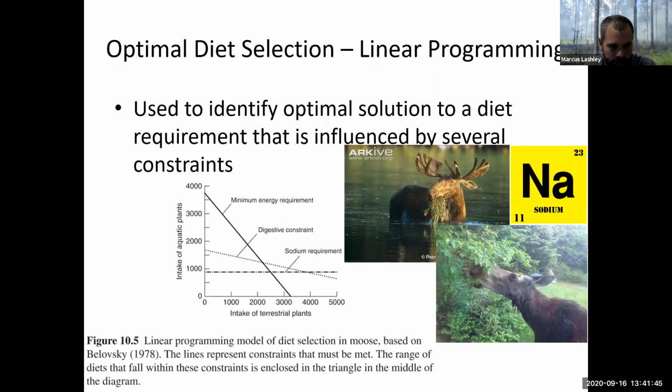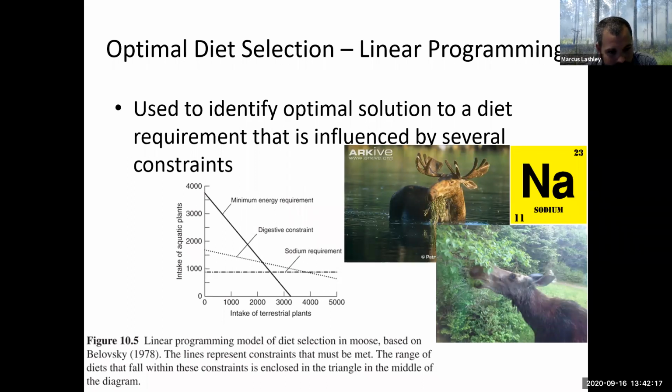So for moose, they have to balance all of these requirements by eating aquatic vegetation, which is typically high in sodium, with terrestrial vegetation, which doesn't have much sodium normally, but is often higher in energy. So they have to balance that intake with those two constraints. They have to eat more than this of sodium, more than this of energy, but they can't eat more than they can intake based on that digestive constraint.